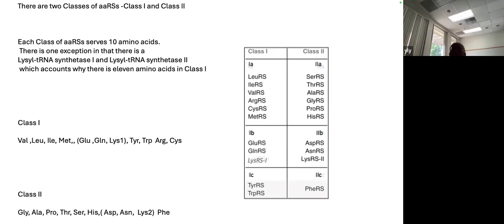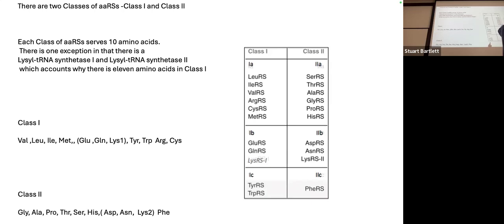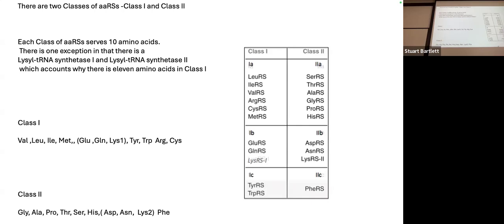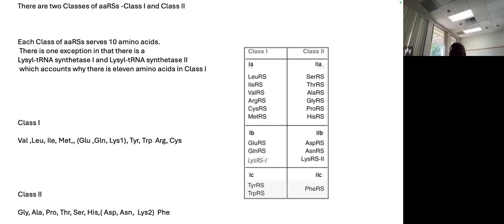And when we go to 2A, serine, threonine, proline, and histidine are all hydrophilics. Glycine and alanine either have no side chain or a very weak hydrophobic chain.